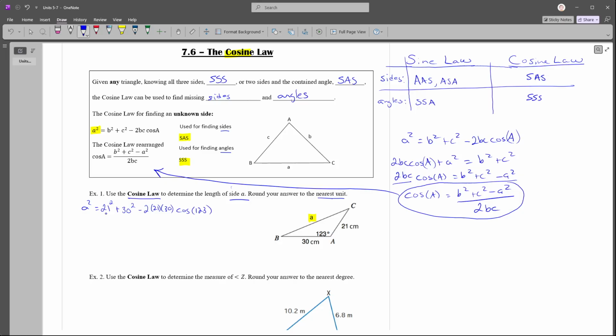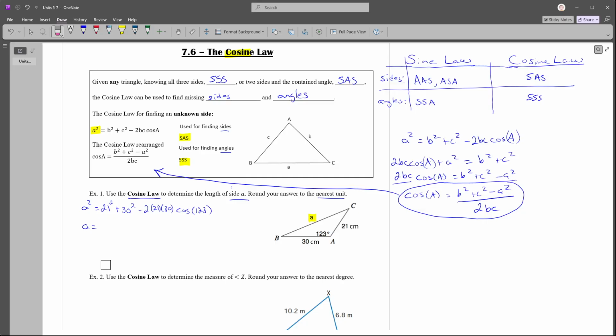Okay. Now, we can start to narrow this down, but we have to realize that we still have the square here too. So we have to take the square root of both sides, and we end up with A is the square root of, and now you're going to plug this whole thing in. I'm not going to write this whole thing out because it's going to take us forever. That is a one calculator setup.